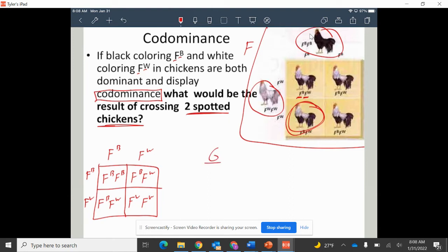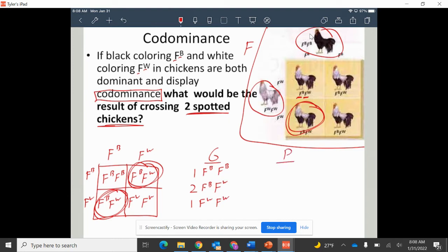For our genotypes, B comes before W in the alphabet, so we're going to go 1 FB FB, 2 FB FW. You can see them right here. There's one, there's another one, and one FW FW.